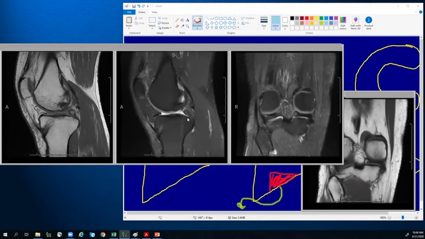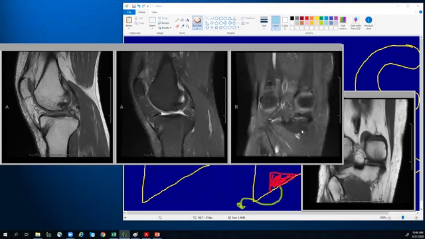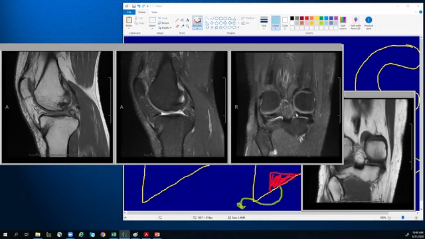And then as we're going towards the posterior horn of the medial meniscus, we encounter this globular elevated signal that's really localized to that posterior horn, posterior root region, at the region of probably an old posterior root tear. And if you're just relying on your intermediate fat SAT images, you might think that this is just mucoid degeneration involving whatever's left of the posterior root or posterior horn.